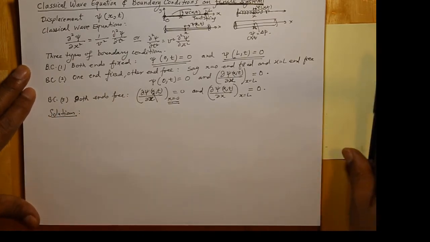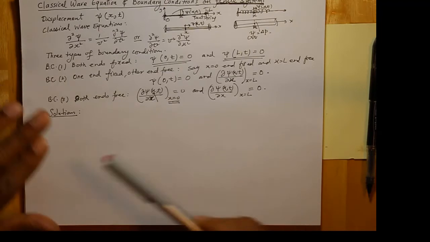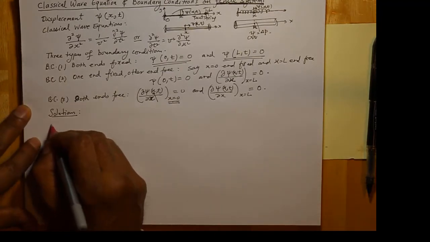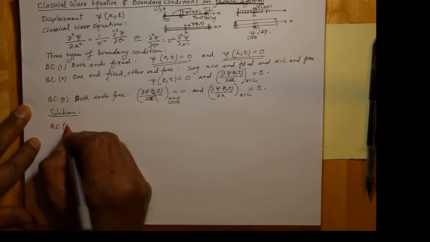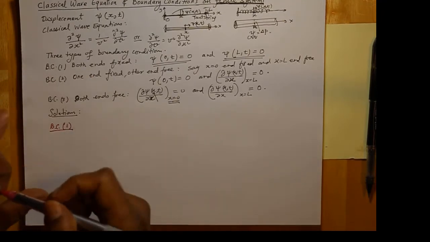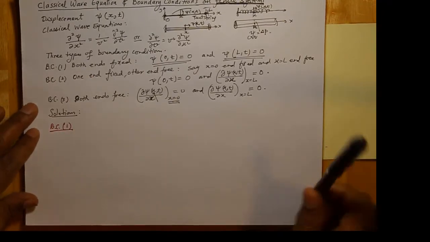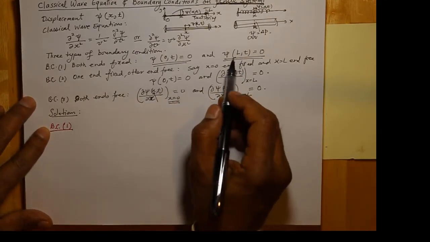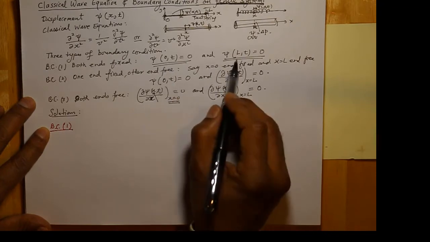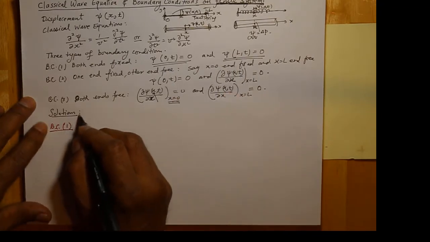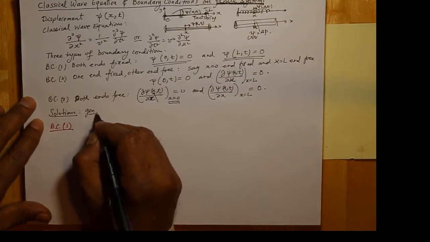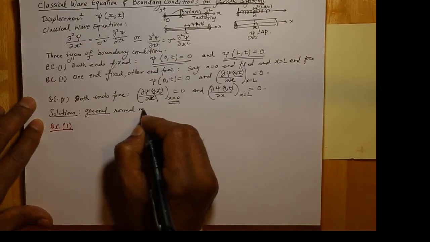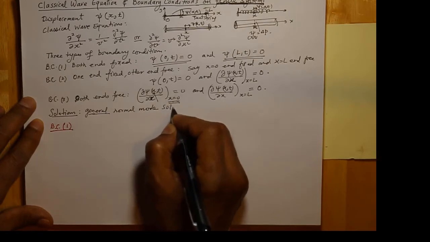So let's look at boundary condition type 1. The solution will have to satisfy these two conditions. It's a general normal mode solution.